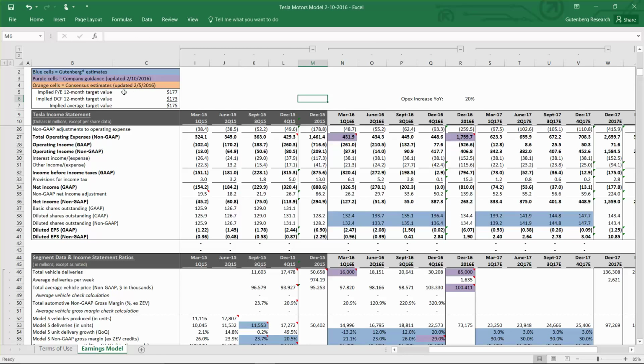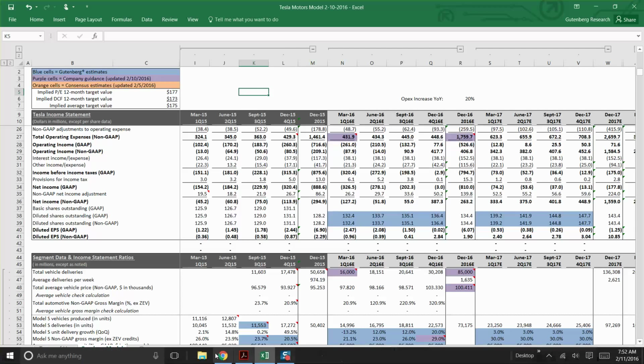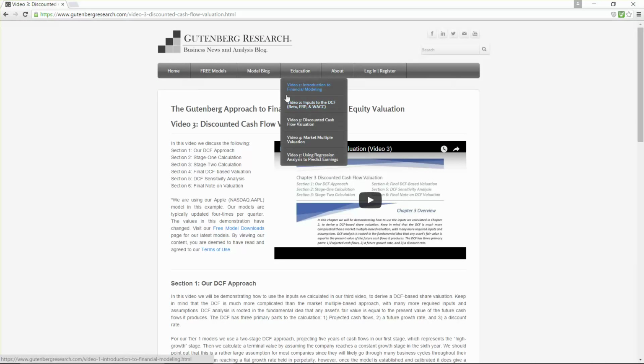Now, if you'd like some additional details on the difference between our PE and DCF approaches, we have an education section on our website, gutenbergresearch.com, and we have a video that goes through the discounted cash flow valuation as well as the inputs to the DCF, including the beta, equity risk premium, and weighted average cost of capital that we spoke about. And we also describe the difference between the market multiple valuation and the DCF valuation.